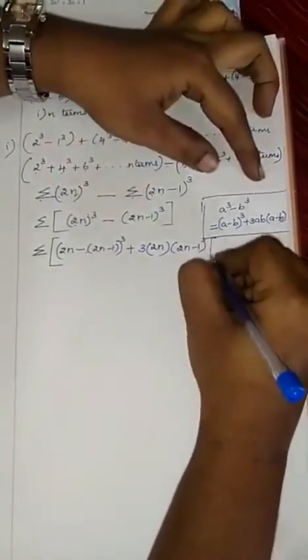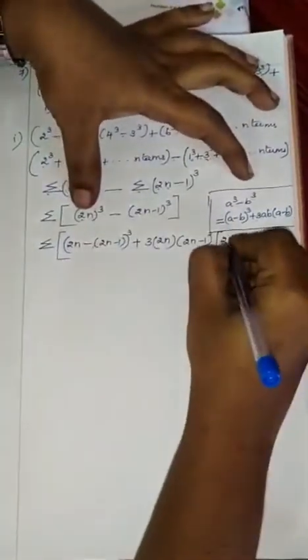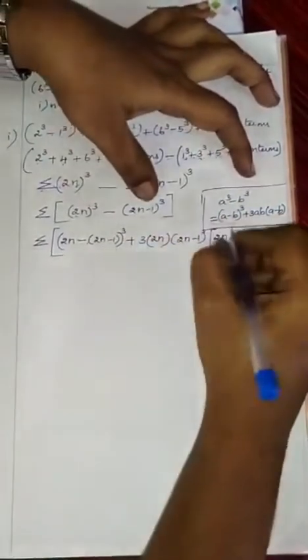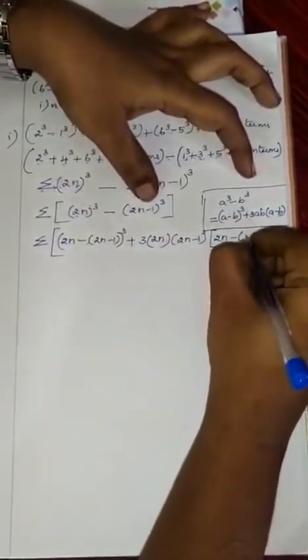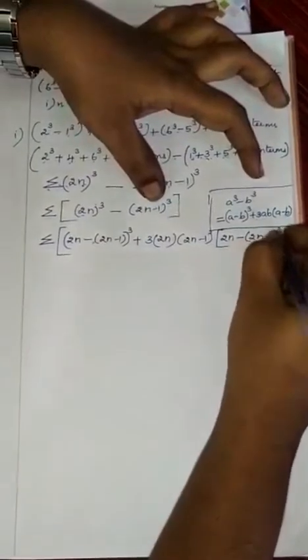Next, a minus b: a is 2n, minus b, so put the bracket once again, (2n minus 1).